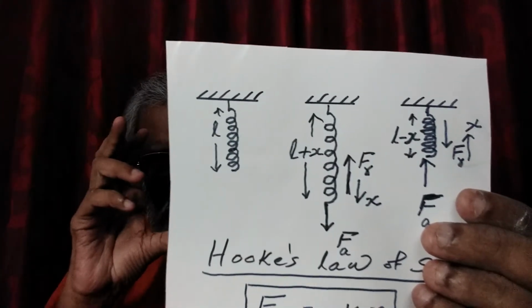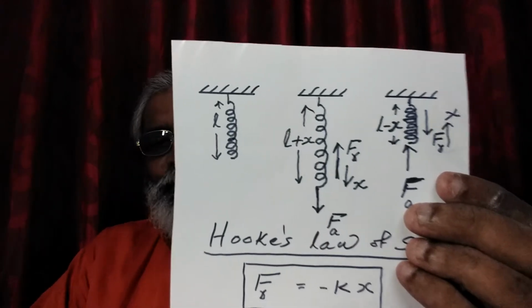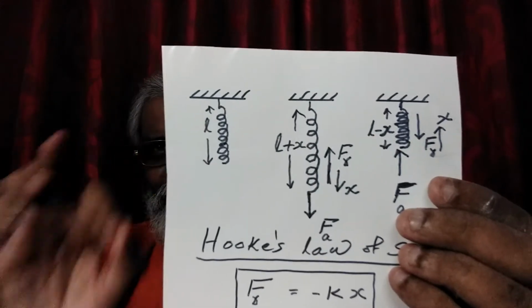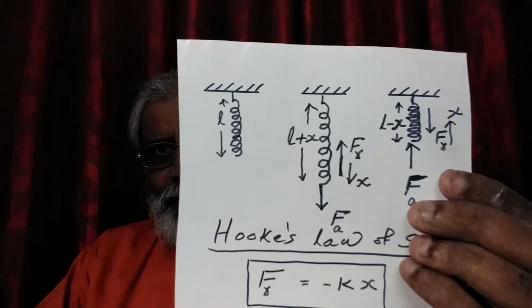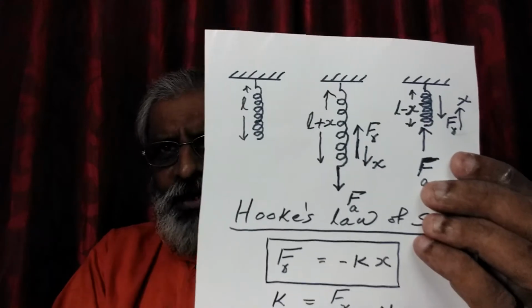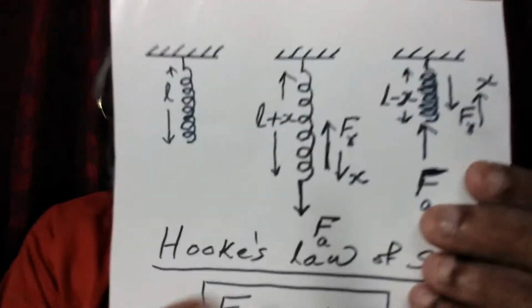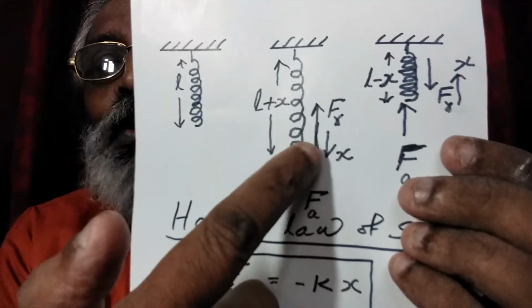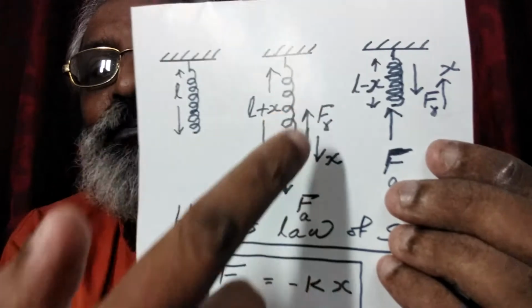Now a restoring force will develop within the spring that will try to recover the original length of the spring. That's a natural tendency, as we have discussed just a few moments ago. Now, the restoring force, we denote it as Fr.